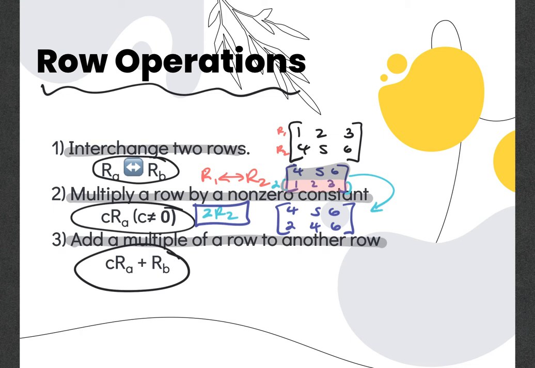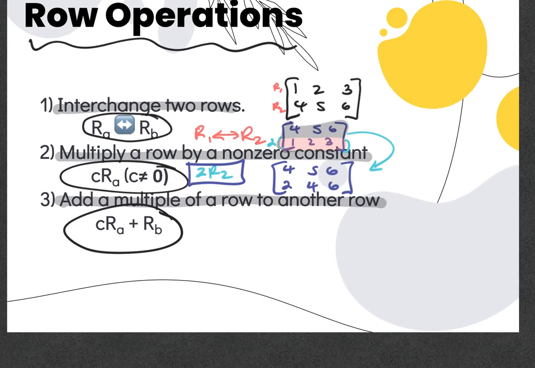Correct. And then the third thing is you can either choose to add 2 rows or you can add a multiple of a row. So if I had said I want to add row 1 and row 2, then I would literally be adding these 2 and I would get 6, 9, 12.